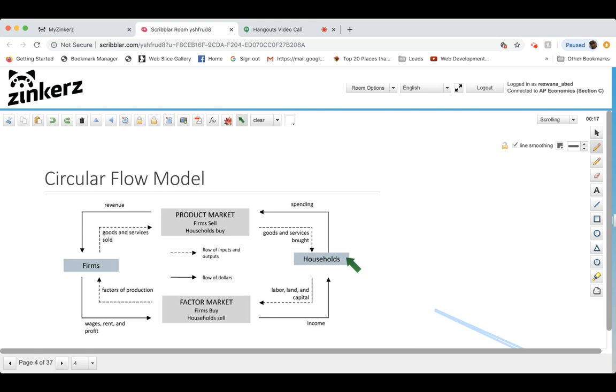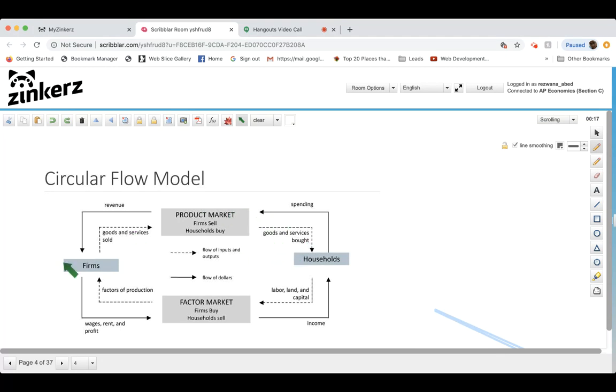There are other entities as well, like the government and the rest of the world, but for the sake of simplicity, we just limit it to these. We start out simple, and then we usually add complicated stuff. But for the purposes of this class, this is as complicated as it's going to get.